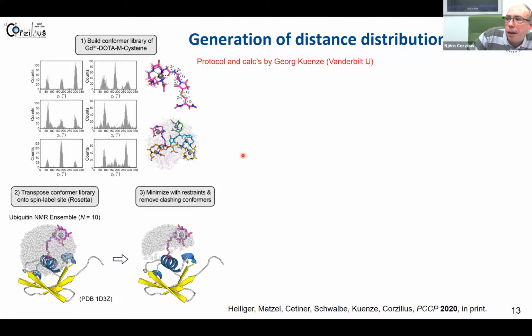So now we have this kind of nice model system, but how can we actually quantify this? We want to really measure distances, or at least use this DNP information to structurally model our protein.